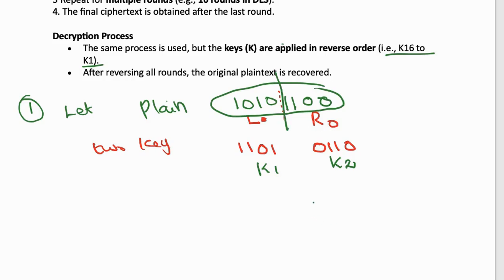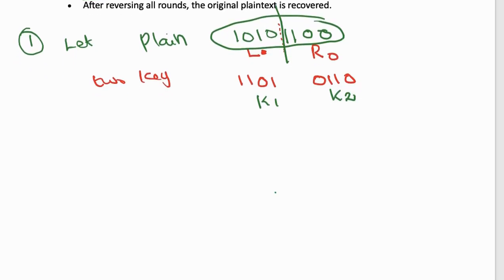Now the next step is to apply the rounds. The first round is the function of R0 comma K1.